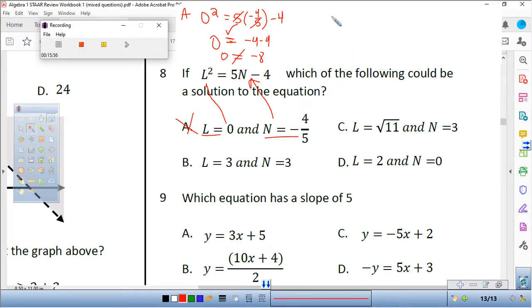Okay, C, let's look at C. This one says L squared, so we're basically going to have the square root of L squared equals 5 times 3 minus 4. This right here, guys, type it in the calculator. If you don't know how to do that in the calculator, I'll show you real quick.